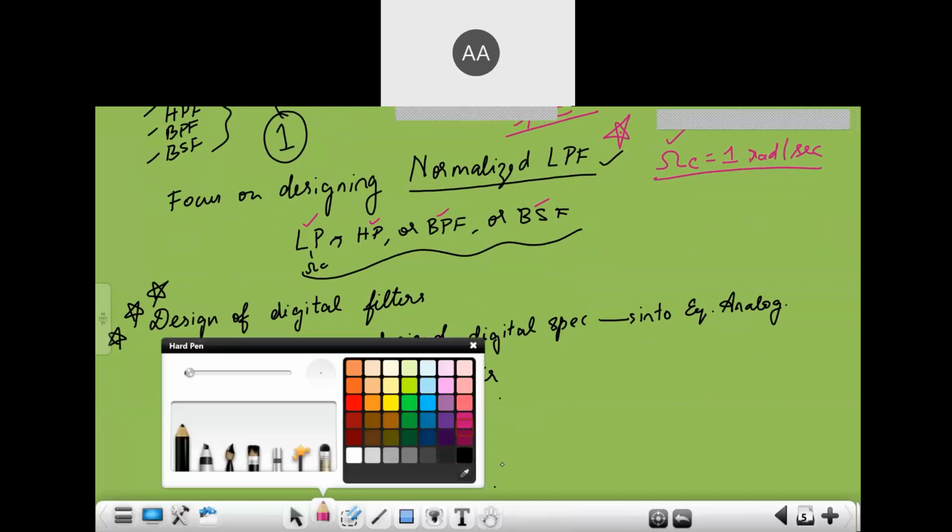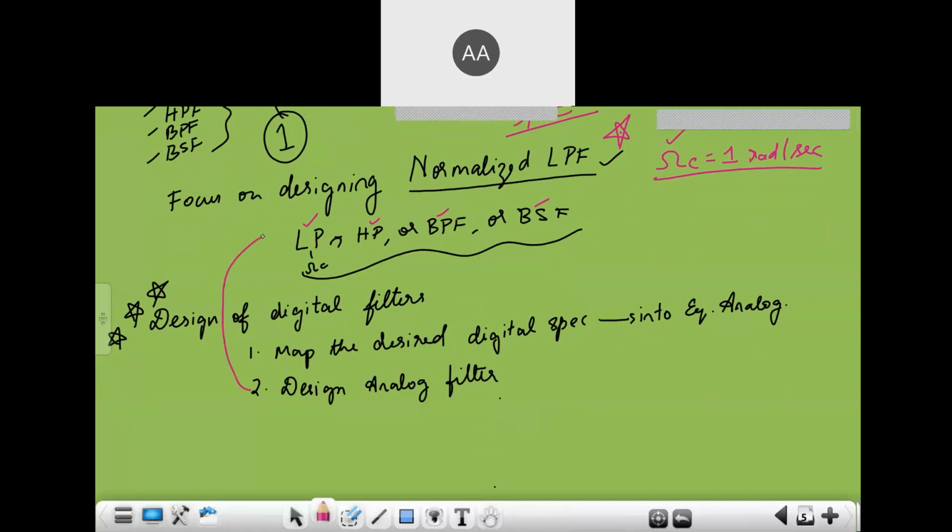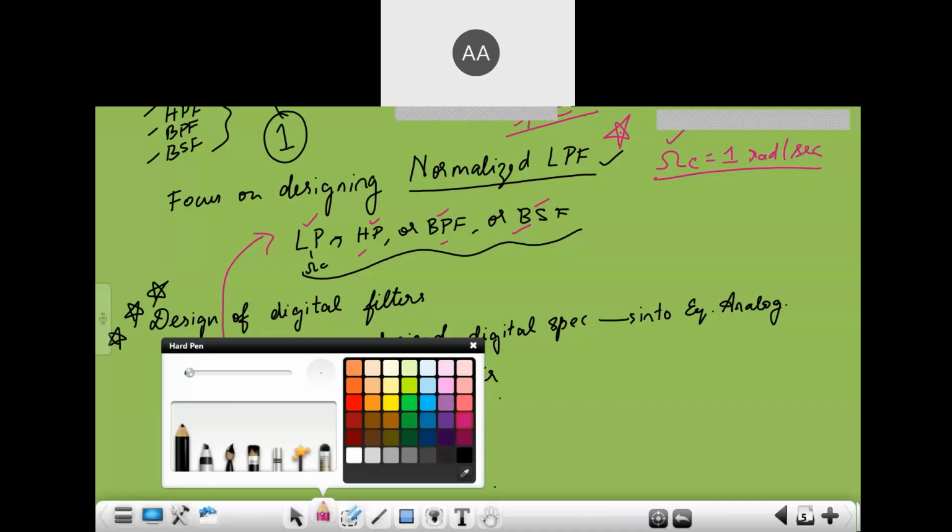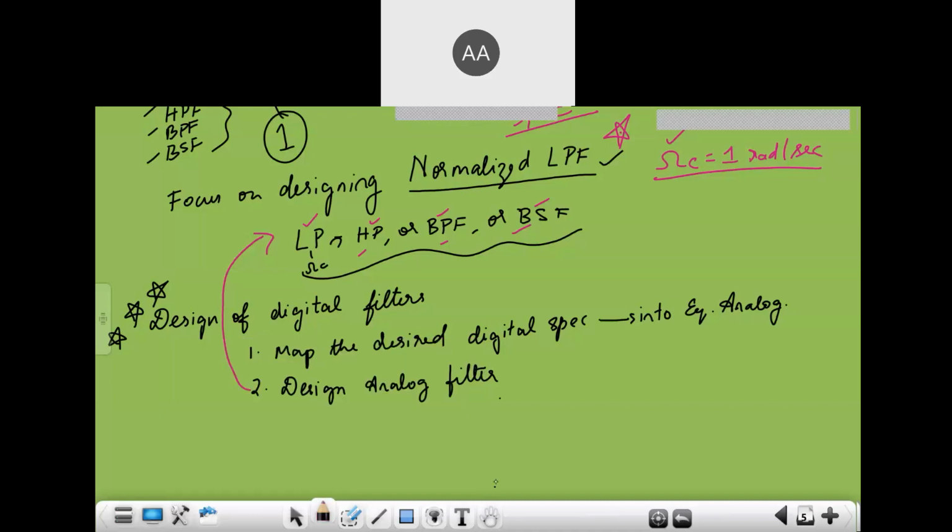Which step? This one. No matter what, you're going to design the low pass filter, then you transform to whichever, high pass or band stop. Remember that. So when I say design of the analog filter, it refers to designing the respective low pass, high pass, band pass, or whatever it is, depending upon the question. Next step that you will follow is what?